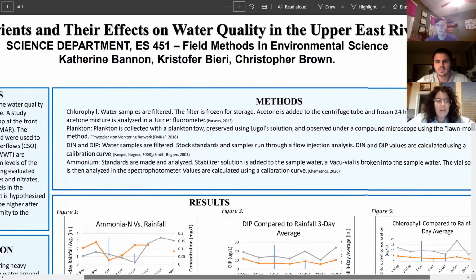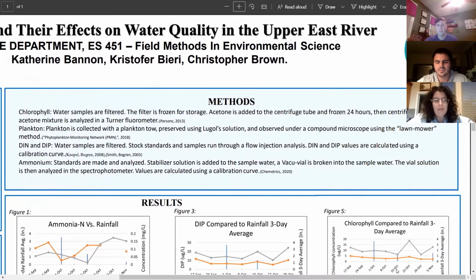To test our hypothesis, we did four to five different tests: chlorophyll, plankton, DIN, DIP, and ammonium. For chlorophyll, we filtered water, soaked the filter in acetone, centrifuged it, and then put it in a Turner fluorometer and took the reading. For plankton, we observed different phytoplankton species under a microscope and recorded the results.